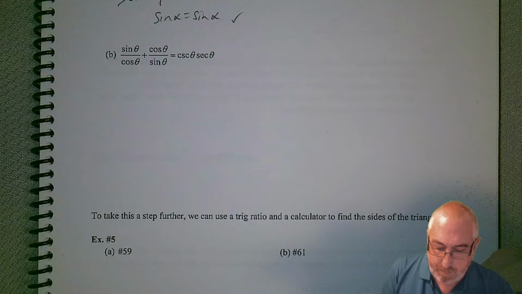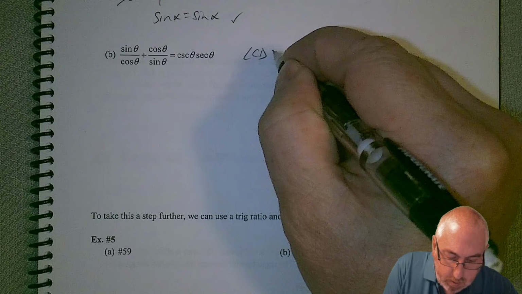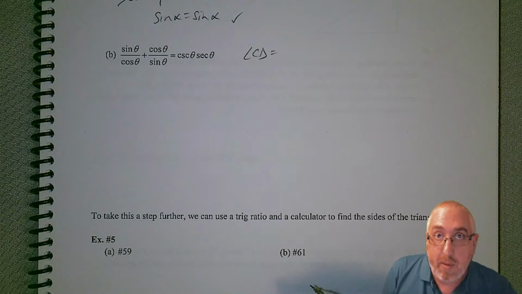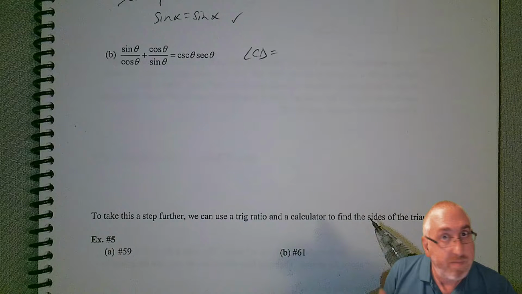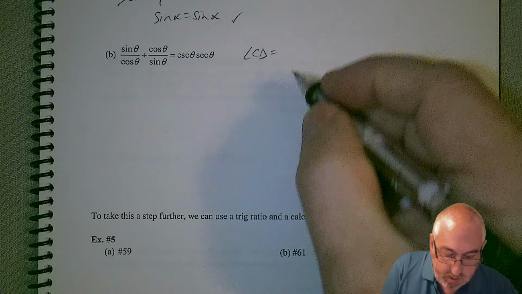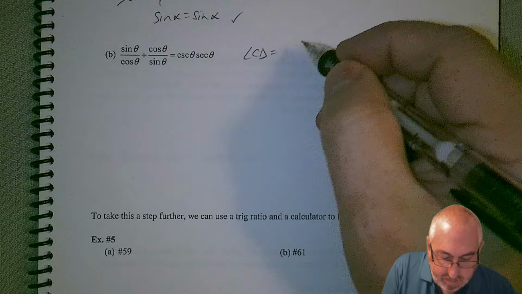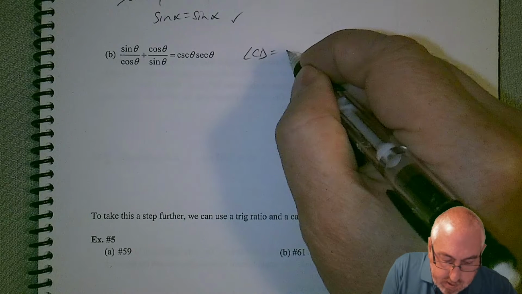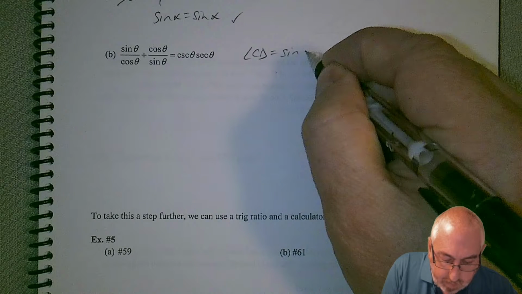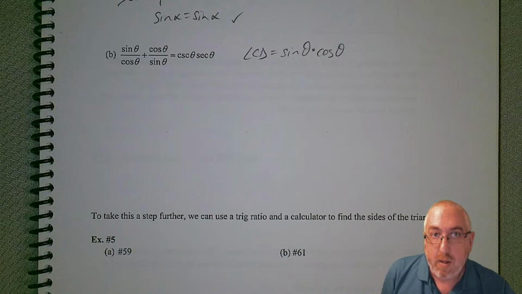Well, if you don't have any clue of what your least common denominator is, you can always fall back on just multiplying the two denominators together. So in this case, I like to have sine first. So let's put sine of theta times the cosine of theta. So that will be our LCD.